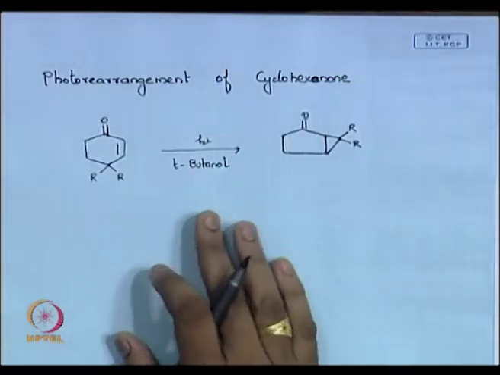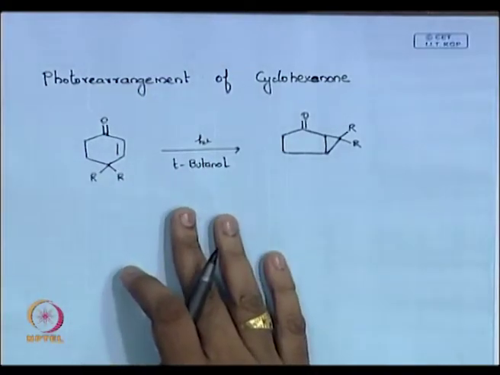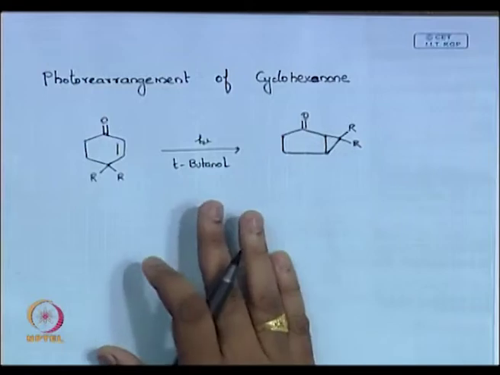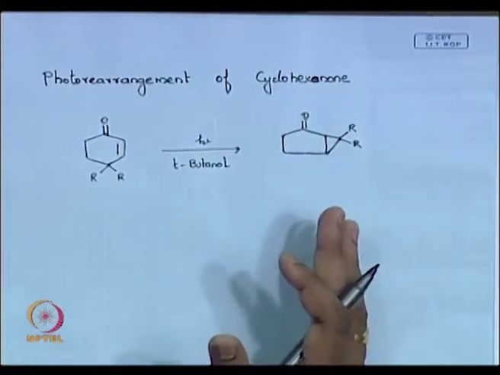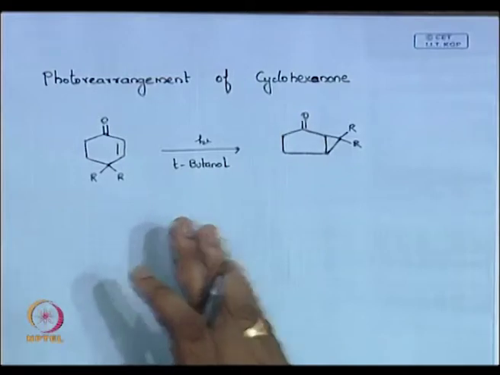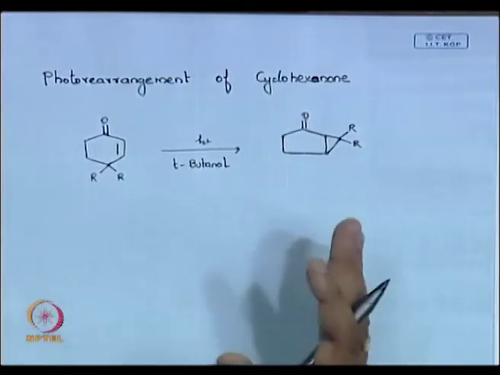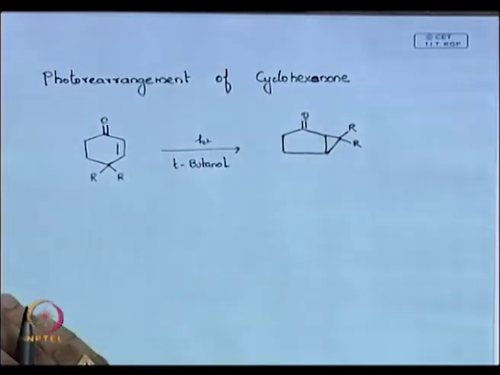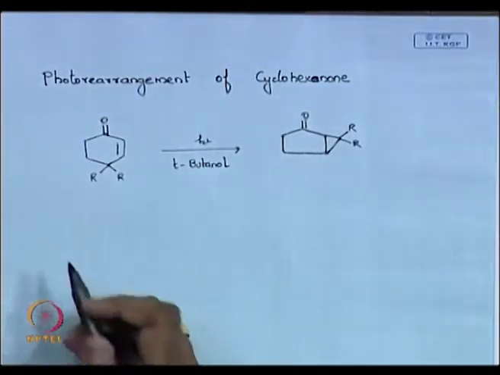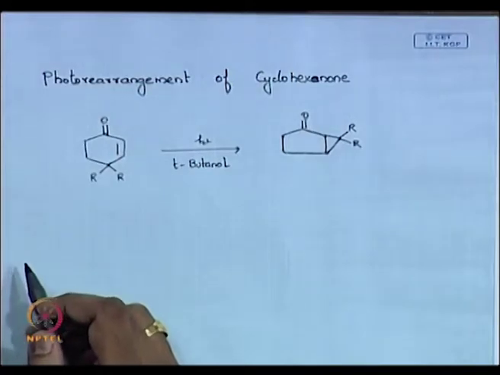This is a very common photo rearrangement. Like your di-pi-methane rearrangement, this is also very common in photochemistry. You take a cyclohexenone system, photolyze it in the solvent tertiary butanol, and you get this type of rearrangement. Fine. So, we will just see how the mechanism works on this.